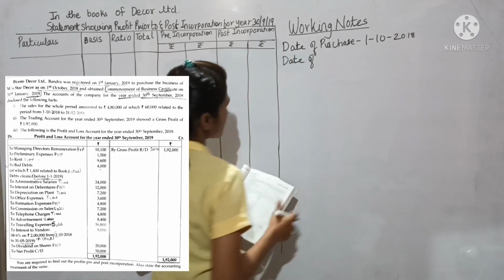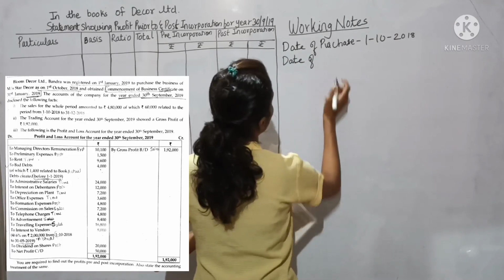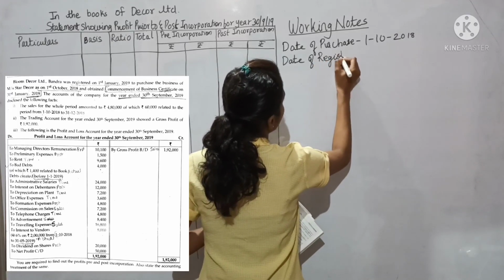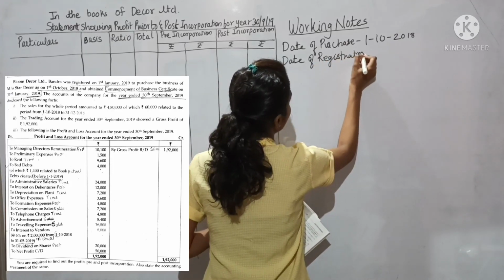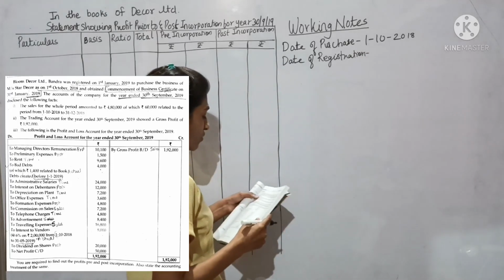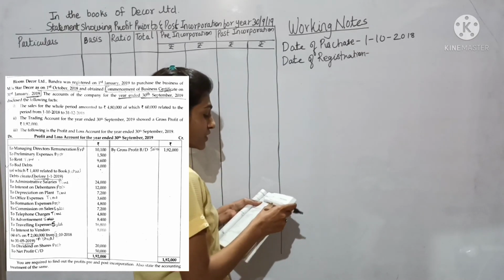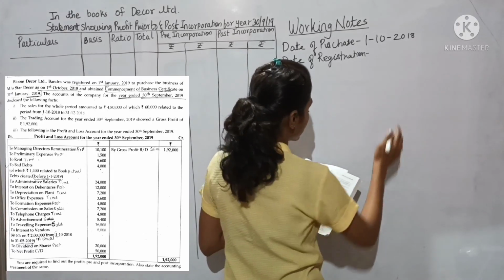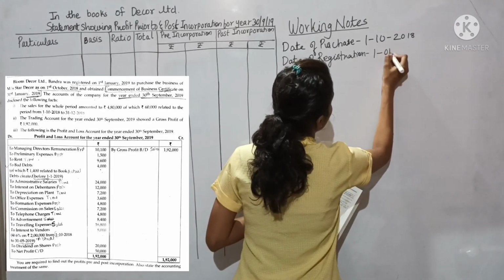When was Decor Limited incorporated? Date of registration means date of incorporation. So on 1st Jan 2019, Decor Limited was registered.